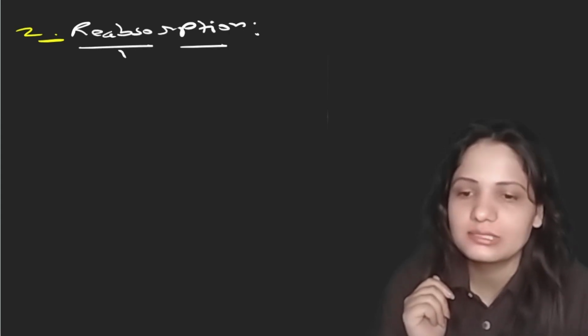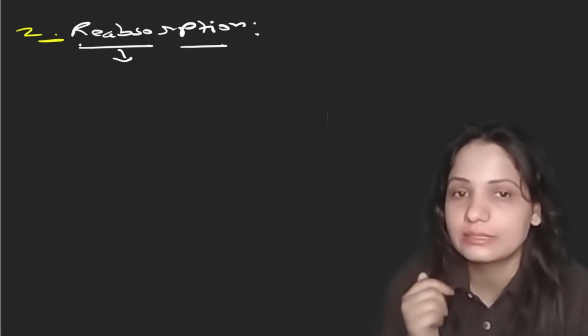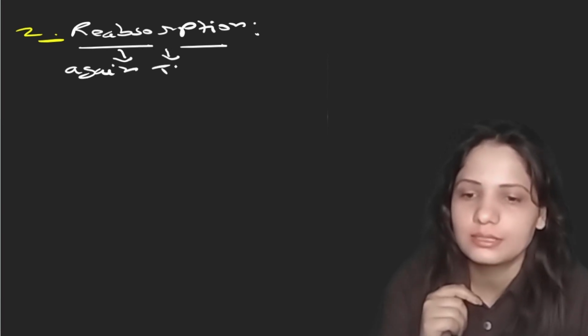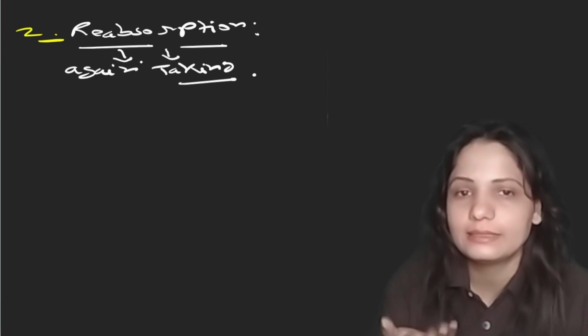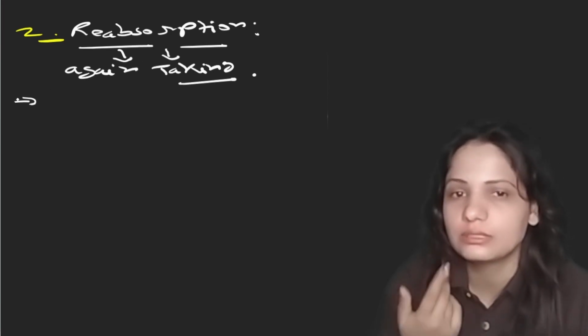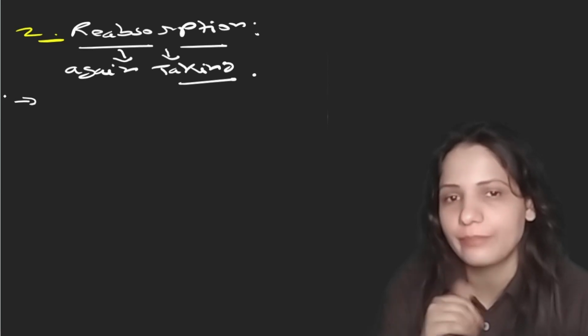After filtration, we have the process of reabsorption. What will happen in reabsorption now? As the term indicates itself, re means again, and absorption means taking something. In case of reabsorption, we will see what is reabsorbed into the blood, taking back.